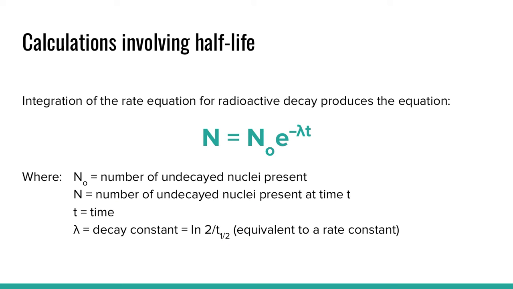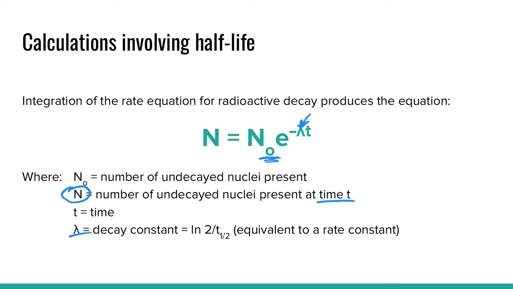The other equation that's really handy is if we take that rate equation and integrate it, we get the following equation: N is equal to N naught e to the negative lambda t. So what do all these things mean? N is the number of undecayed nuclei present at time t. N naught is the number of undecayed nuclei present at time 0. And lambda is our decay constant.